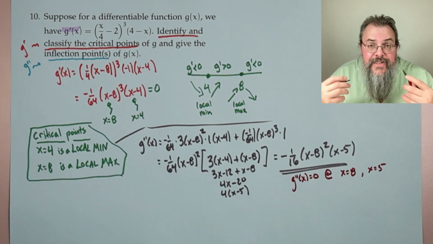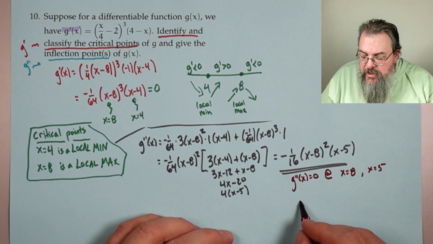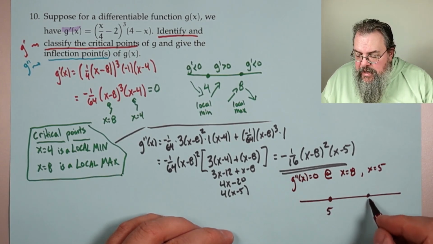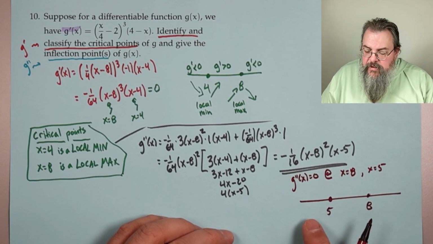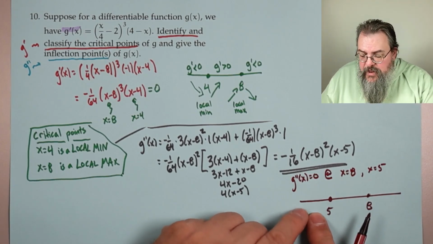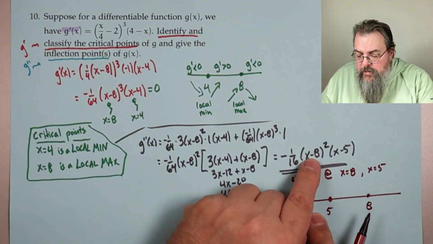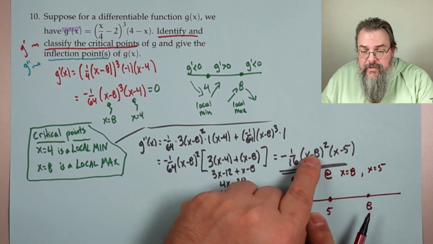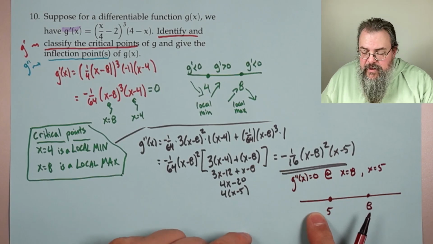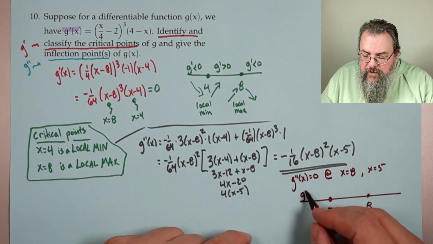So you have to test. So we're going to do a test. We're going to mark 5 and 8. Okay, so we pick some numbers, something less than 5. Say 0. Negative 8 squared is positive, and then negative. So negative, positive, negative.